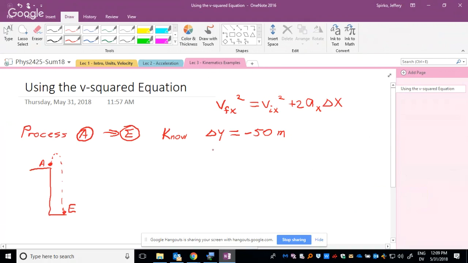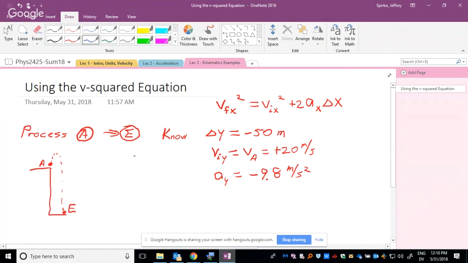And we also know that V initial in the Y direction, what we would call V sub A, is plus 20 meters per second. And of course, one of the things I said about free fall is that the acceleration is negative 9.8 meters per second squared. So that's our given information.